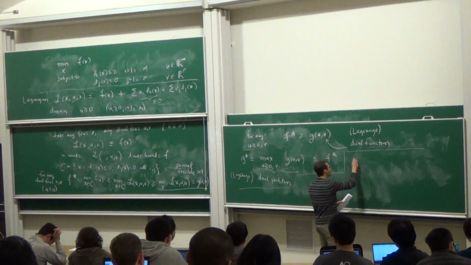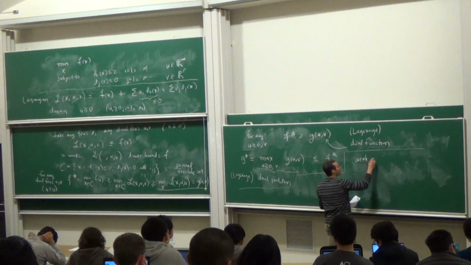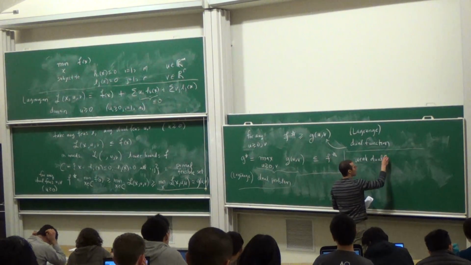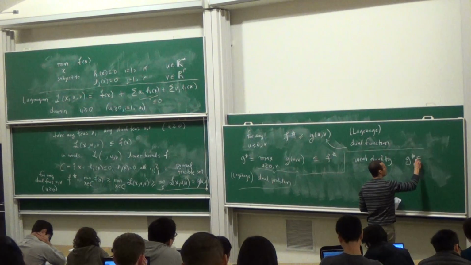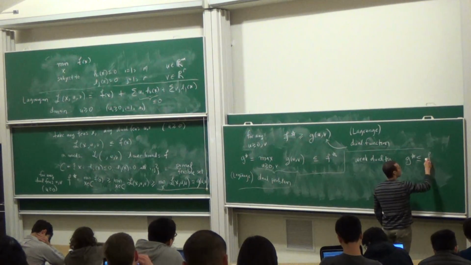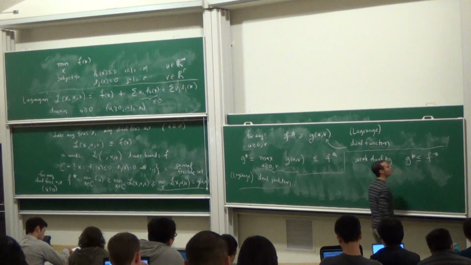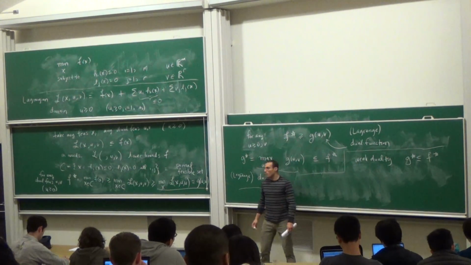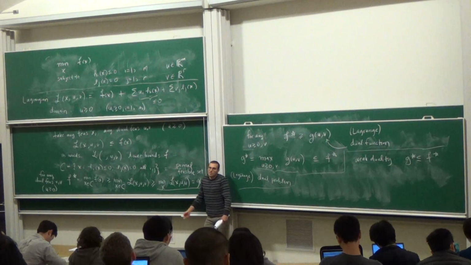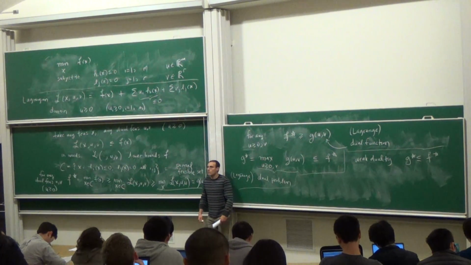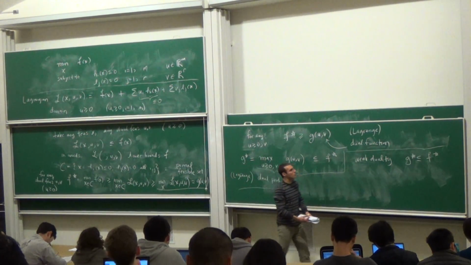Well, I get this property called weak duality always. We actually just showed that right there. The optimal value of the dual problem is always less than or equal to the optimal value of the primal problem, because it's just constructed to be a lower bound. This is the best lower bound we can construct over all dual feasible points.